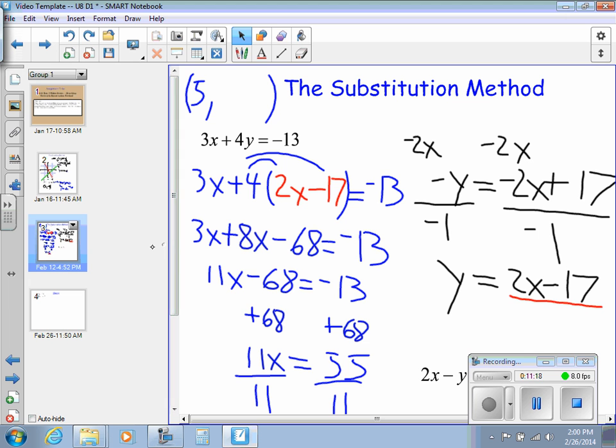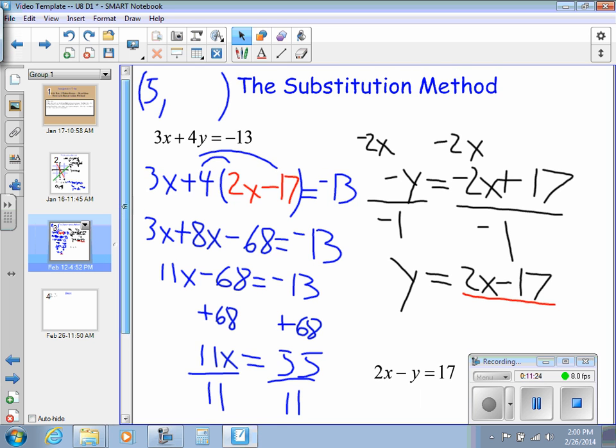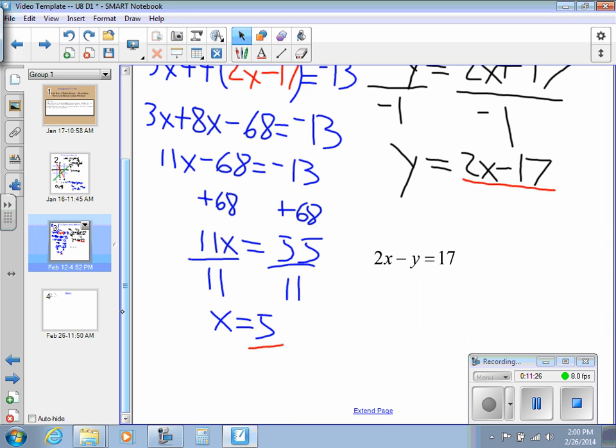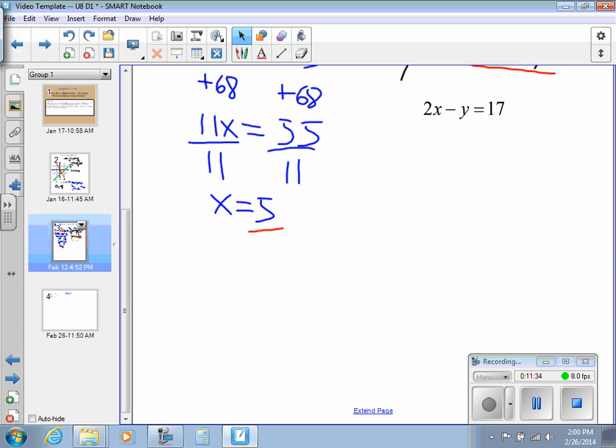Let's see if I can fix that. Bring that back over and bring that down. Okay. So now I'll put it right here, and I'm going to go ahead and plug in 5 for my x.